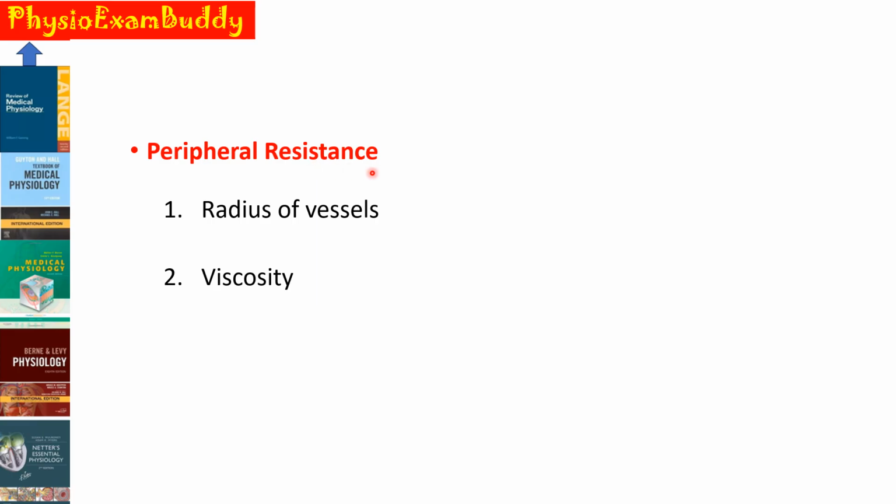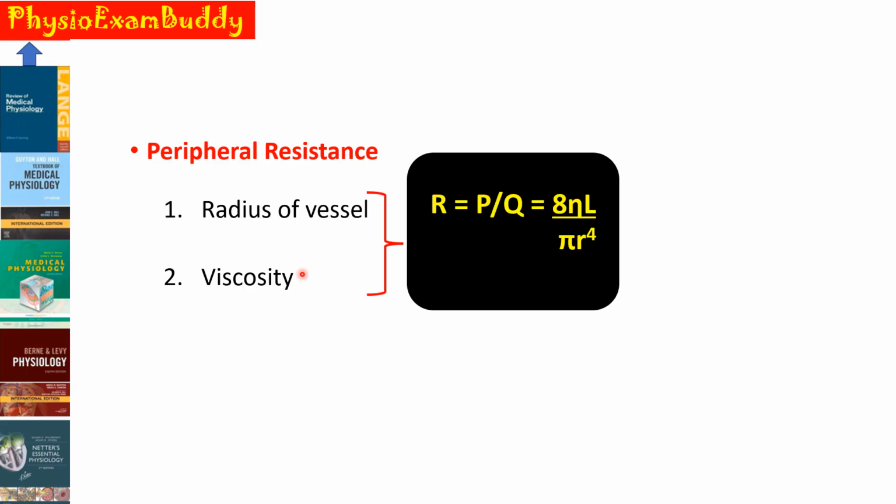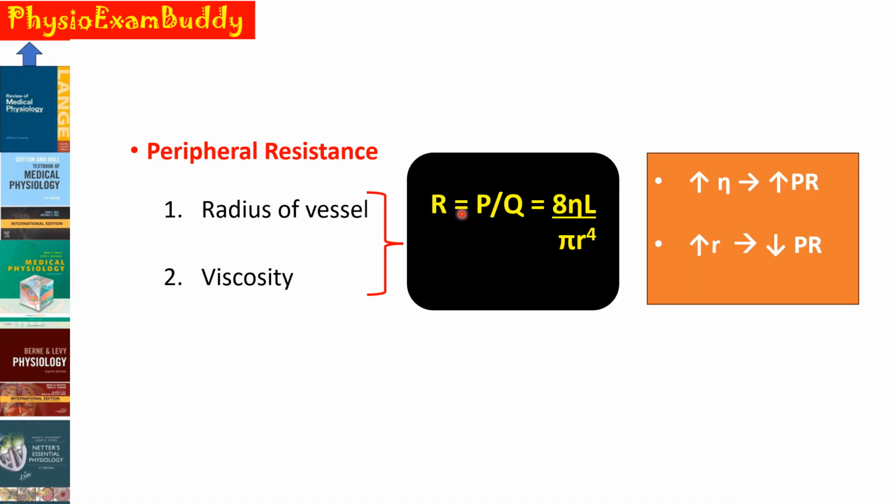So the major factors that determine the resistance to blood flow, the peripheral resistance, are the radius of the vessels and viscosity. The viscosity is directly related to peripheral resistance, whereas the radius of the blood vessel, which is present in the denominator, is inversely related to the peripheral resistance.